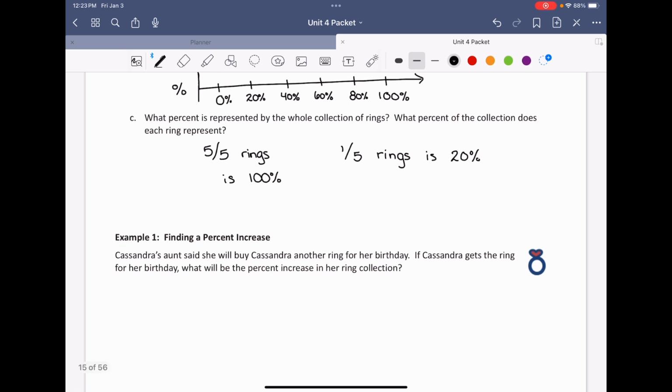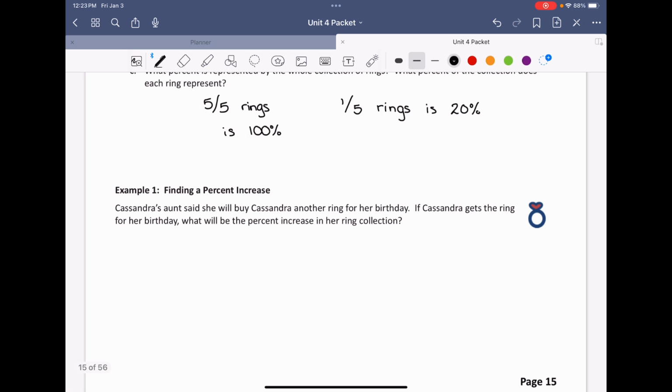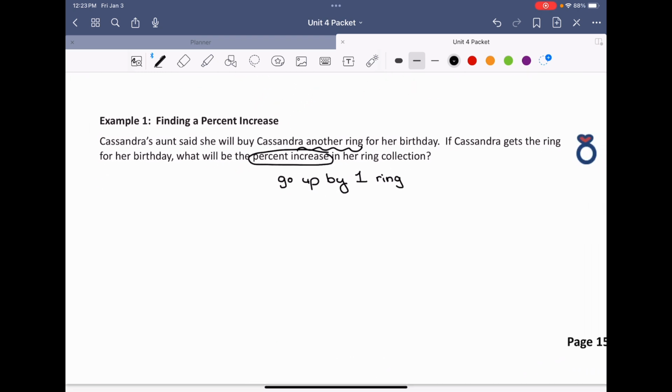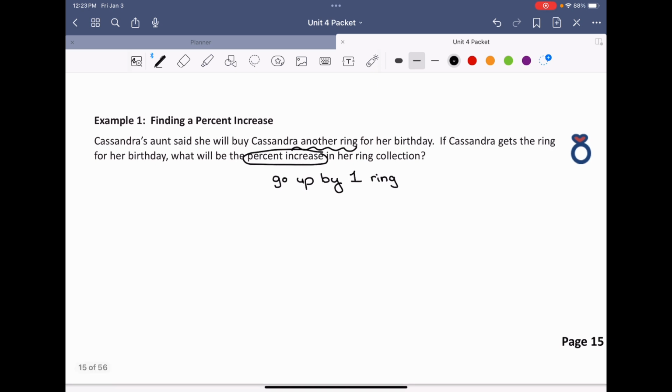All right, so if Cassandra buys another ring, this percent increase means that it's going to go up by the 1 ring. But we want the answer as a percentage. When we take a look, if she has 5 out of 5 rings, that would be 100%.